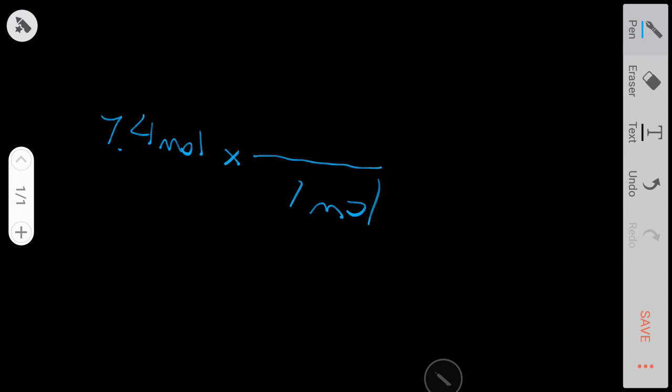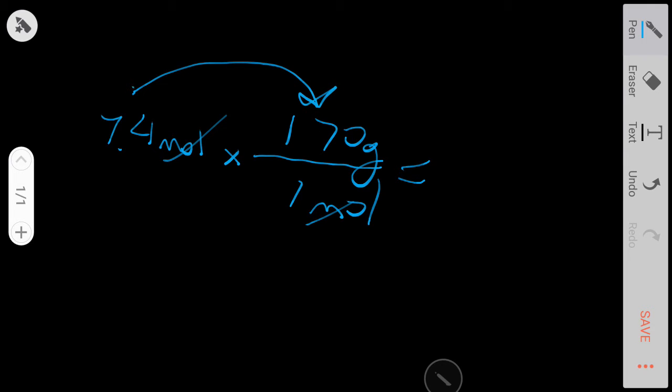And after calculating the molar mass of silver nitrate, you should get 170 grams. Moles cancel out. That's 7.4 times 170. Your answer should be 1,258 grams.